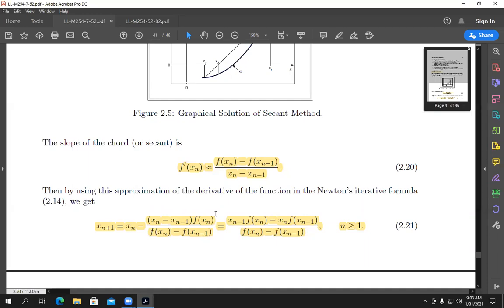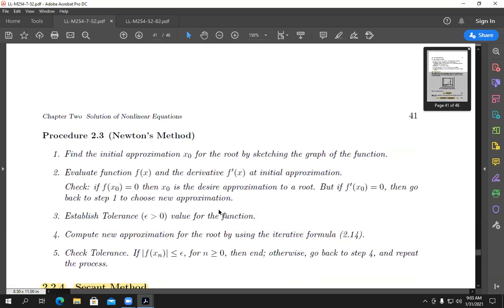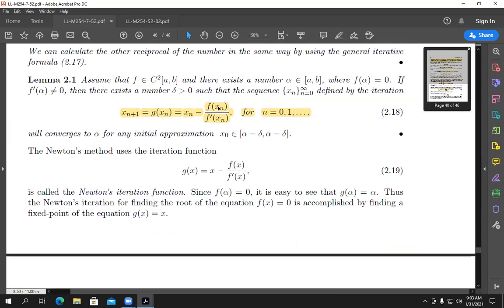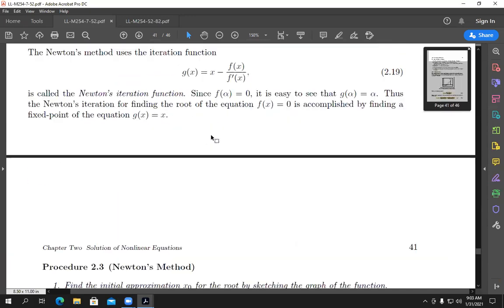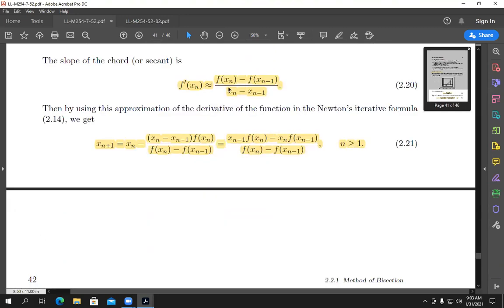So I used the Newton formula, xn minus f of xn divided by f dash xn, and in place of f dash xn, I use this value, and when we simplify, we have this one. If you don't want to simplify, you can use it directly here. This formula is called the secant formula.